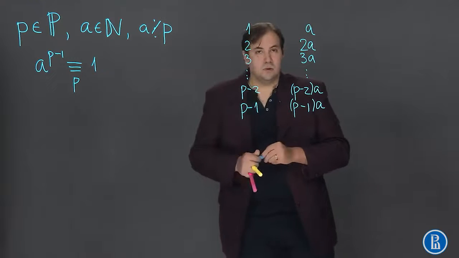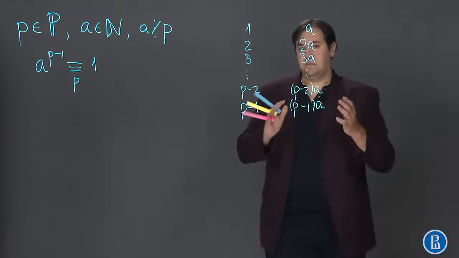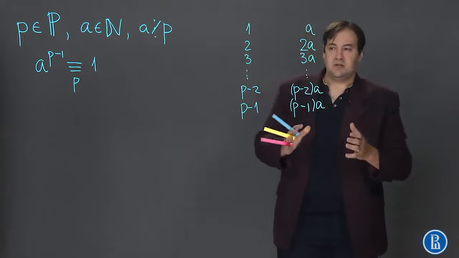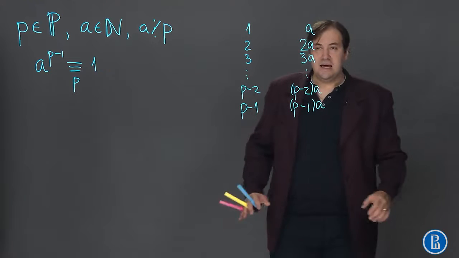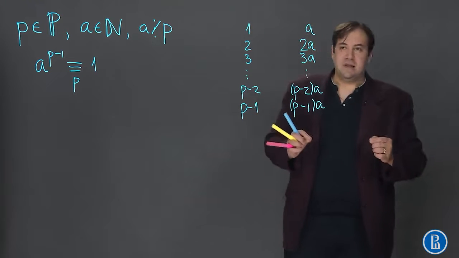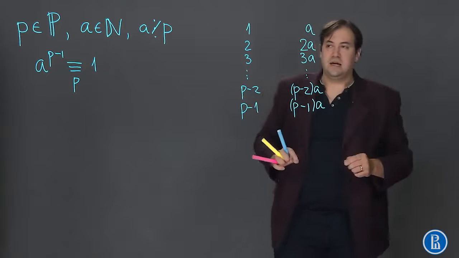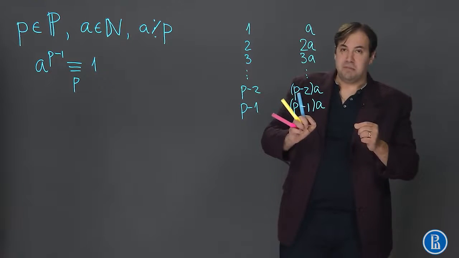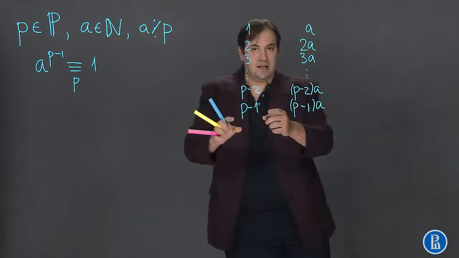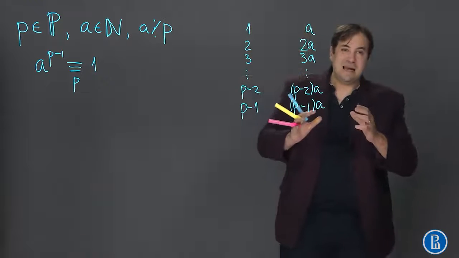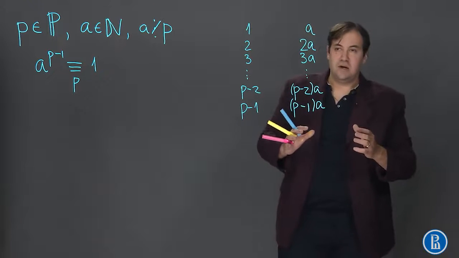Well, we have a set of p minus 1 numbers, and another p minus 1 numbers, and I claim that remainders of these numbers are just the same as in the first column, but maybe in another order.